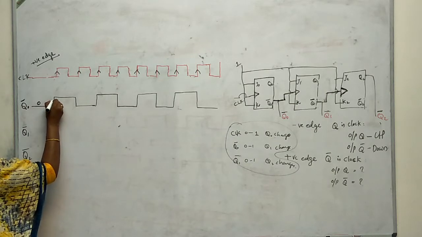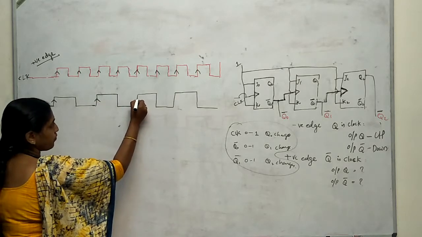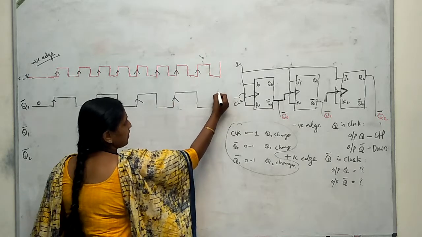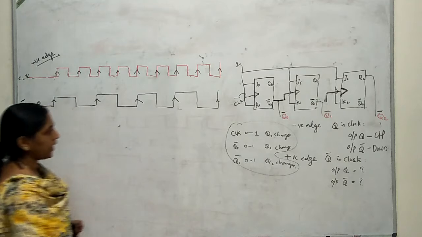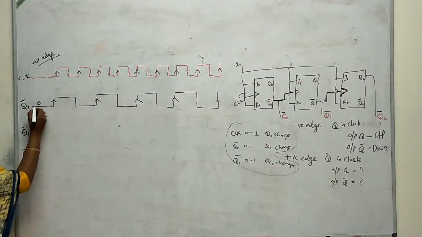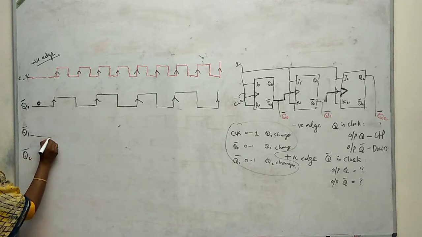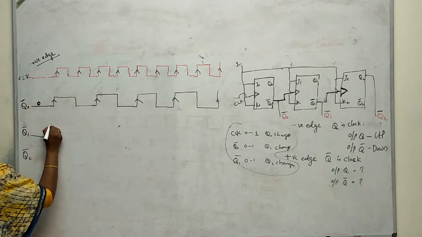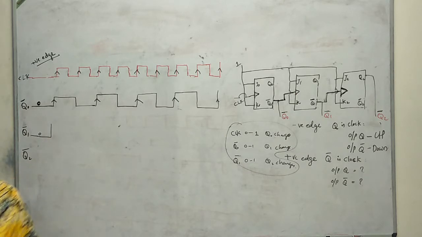Assume this is initially 0, and whenever there is a 0 to 1 transition, it will go from 0 to 1.